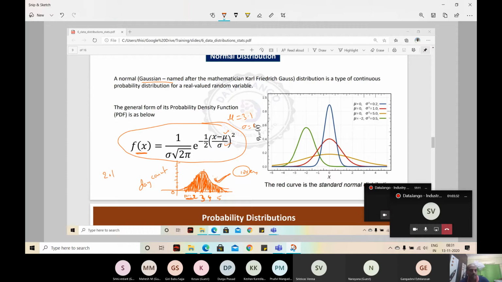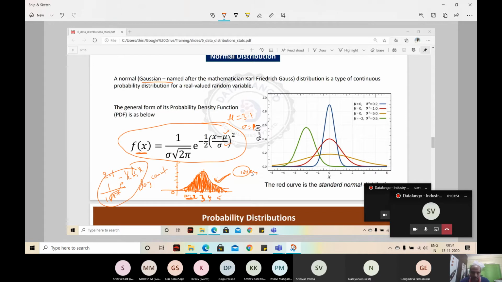Standard deviation may be 1. Then you substitute these values: 1 by 1 into root 2 pi, e power minus 1 by 2, into 2.1 minus 3.1 divided by 1, squared.